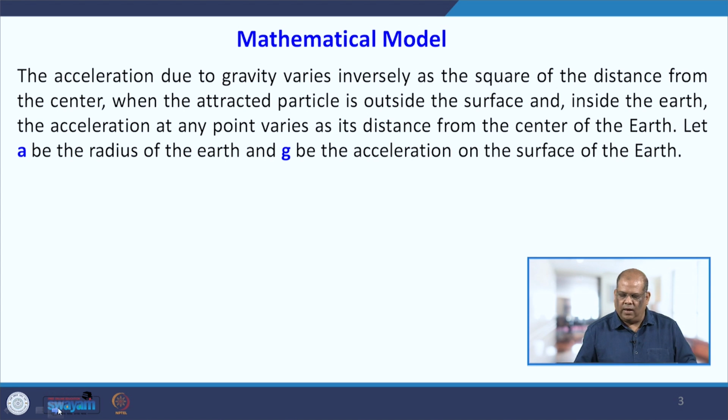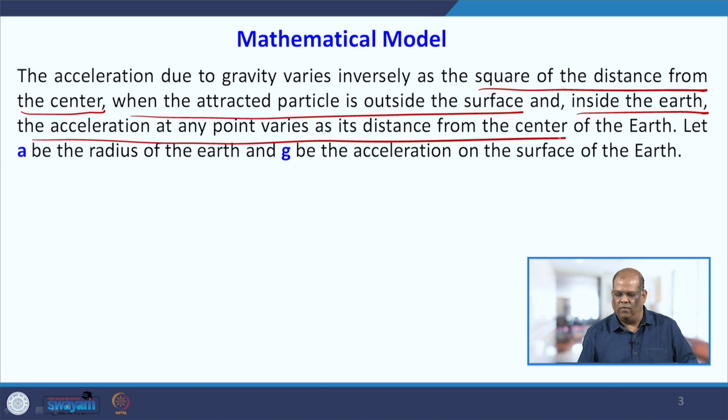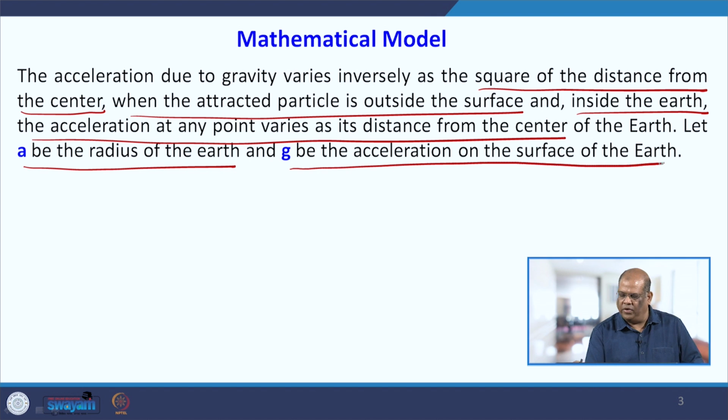It says that the acceleration due to gravity varies inversely as the square of the distance from the center when the attracted particle is outside the surface, and inside the Earth the acceleration at any point varies as its distance from the center of the Earth, the one which we just proved before. Let a be the radius of the Earth and g be the acceleration on the surface of the Earth.